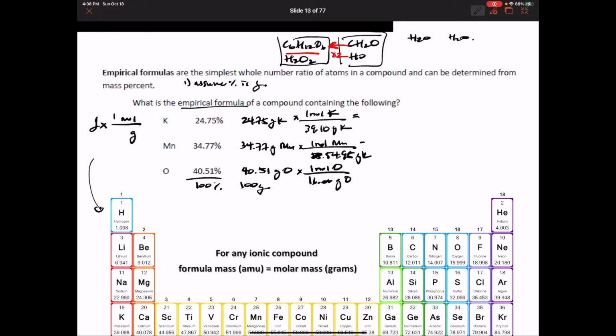If I do this, grams calcium cancels grams calcium, and I'll be left in moles calcium. This is true for all the other elements.